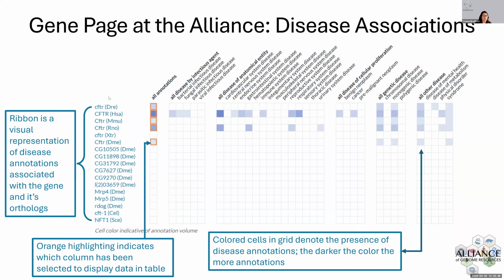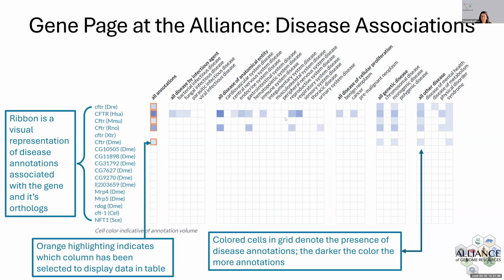Okay, we're going to now move on to the ribbon section. The ribbon is a visual representation of disease annotations that are associated with the gene and its orthologs. The gene of interest, or the gene page that you're on, is always listed first in the ribbon. The highlighted boxes indicate that that particular column has been selected to display data in the table.